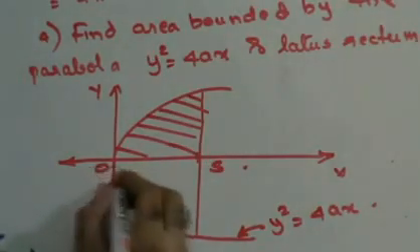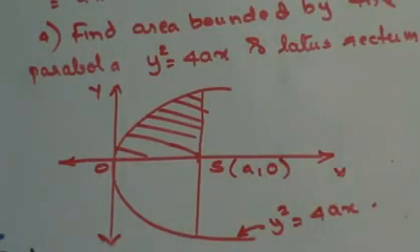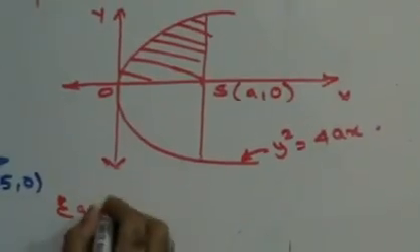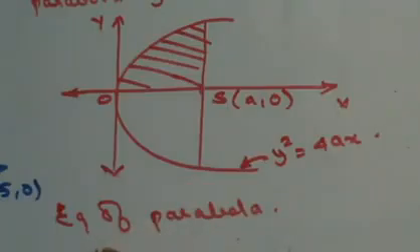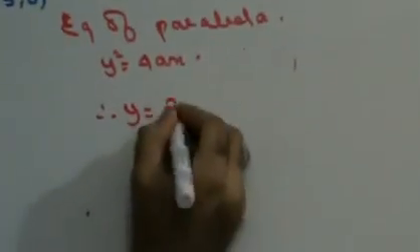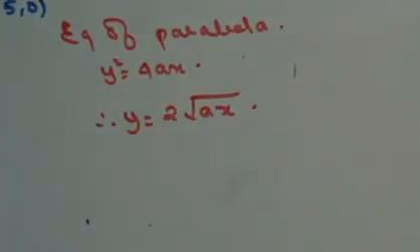Now, we know that for a parabola, the focus is a, 0. Now, I can say that the equation of the parabola is y square is equal to 4ax. Therefore, I can say y is equal to 2 square root of ax. Right?